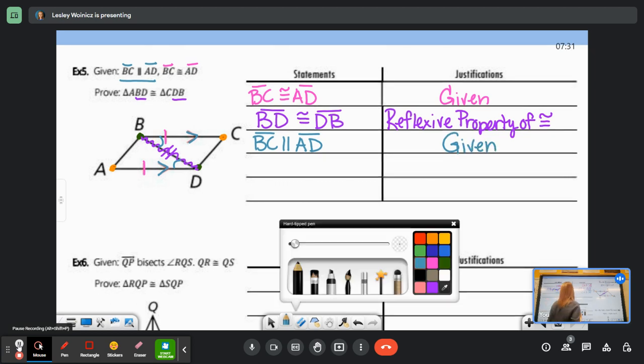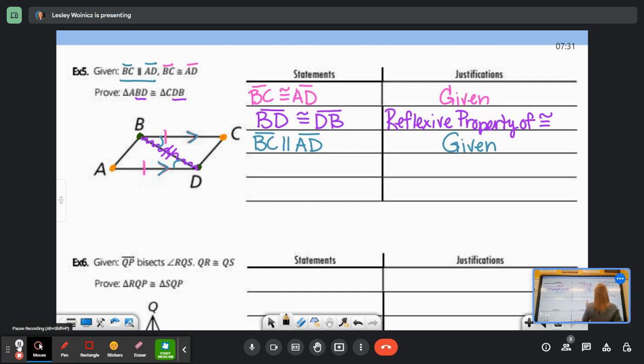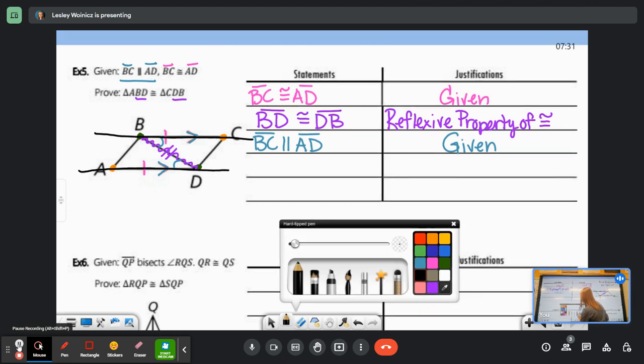Now, because those are parallel, I have a Unit 1 situation here. I'm going to extend my parallel lines so you can see what's happening, and I'm going to shade my interior.